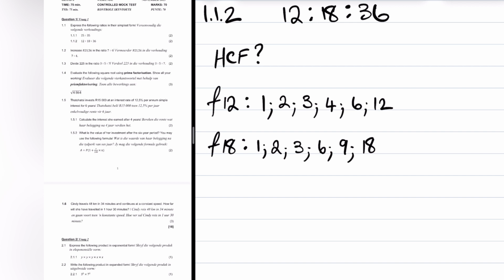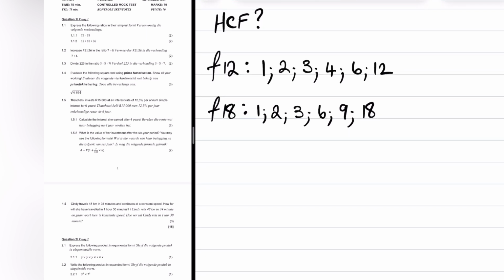So daar het ons die faktore van 18, so dit is die faktore van enige getal. The whole set of factors should always be an even set of numbers. Not the numbers themselves all being even, but the amount of factors should always be even. So we've got 1, 2, 3, 4, 5, 6 for 18. We've got 1, 2, 3, 4, 5, 6 for 12.